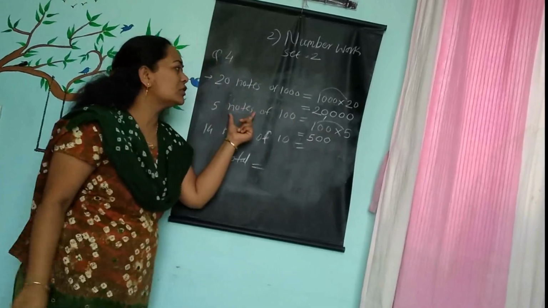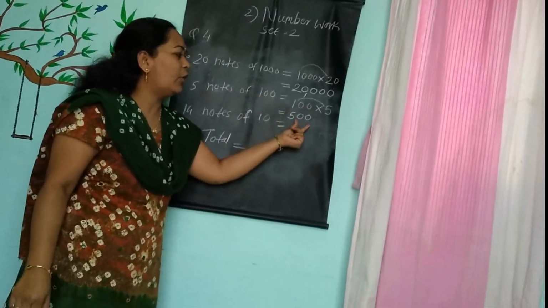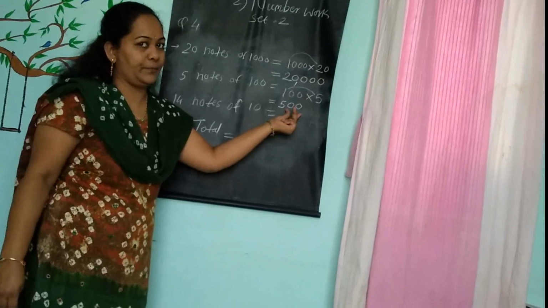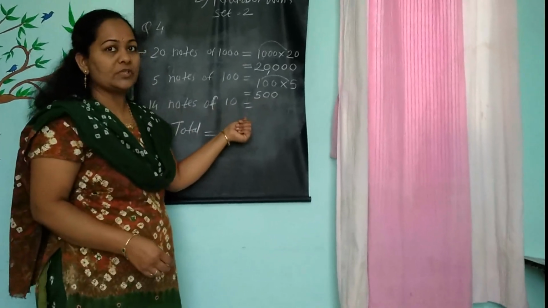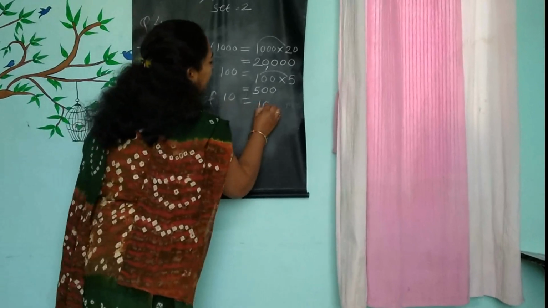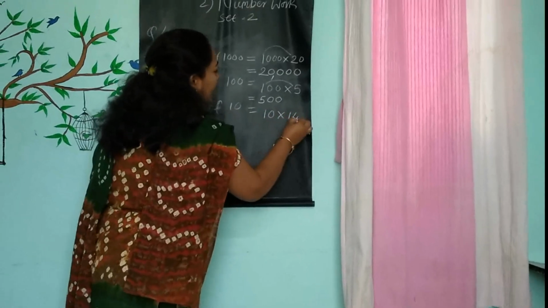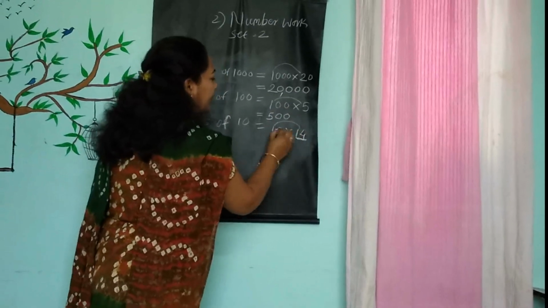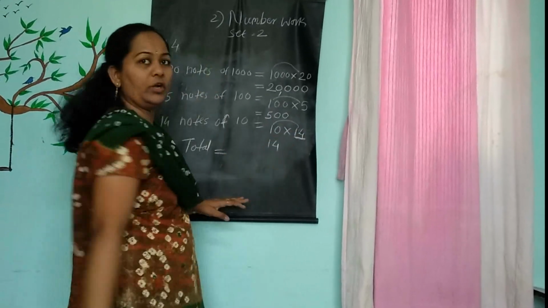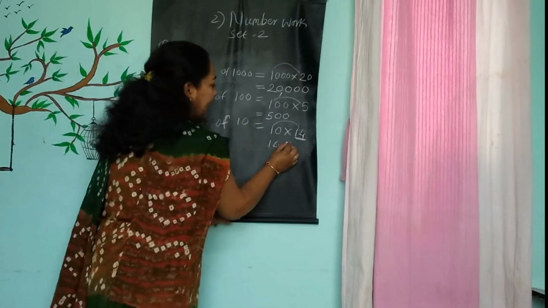So 5 notes of 100, our amount will be 500. Then 14 notes of 10-rupee notes. So 10 multiplied by 14. Again 14 multiplied by 1: 14 ones are 14, and 1 zero as it is.